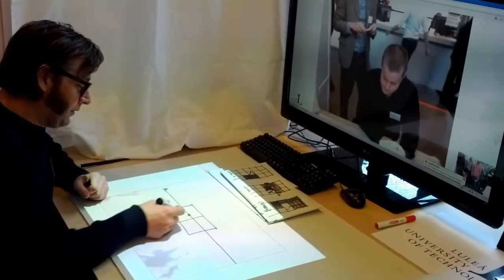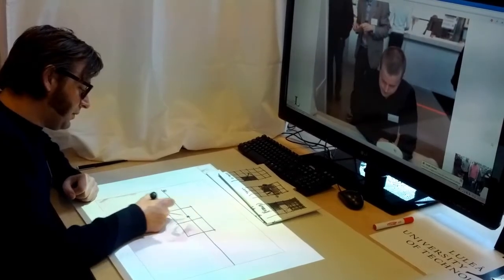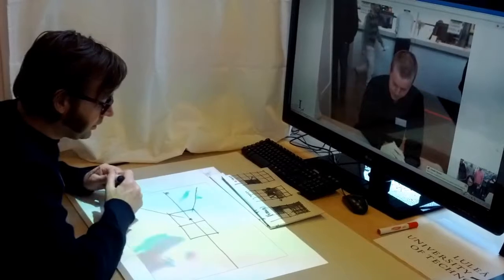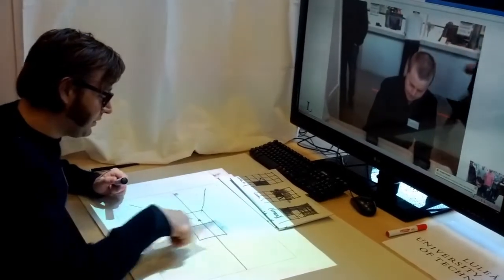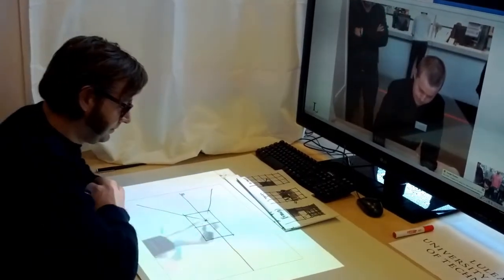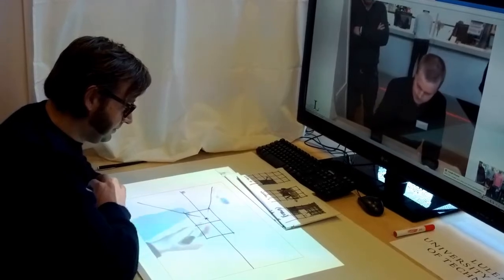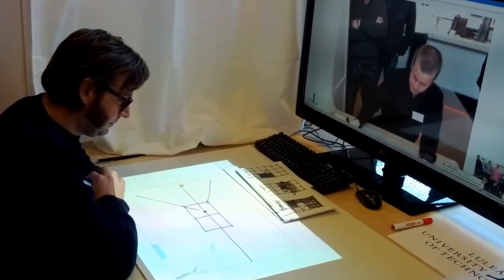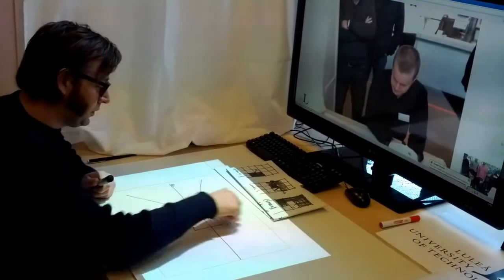Yeah? And from that vantage point, you just draw the lines like this. You can complete it. You have to connect every line. This one also. This one also.